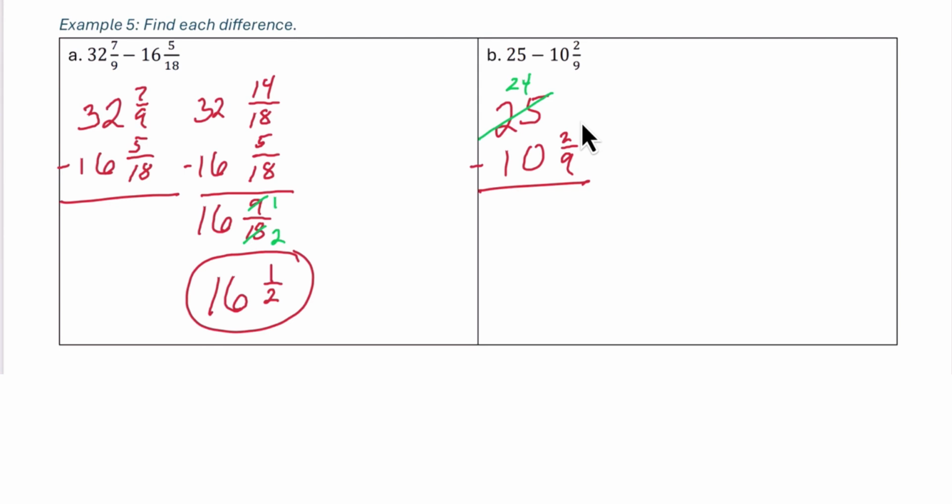We need that fraction to have a denominator of 9, so we'll rewrite it as 9 over 9. Notice that that's really representing 1, which we borrowed from the 25. Now we can subtract. 9/9 minus 2/9 is 7/9. 24 minus 10 is 14.